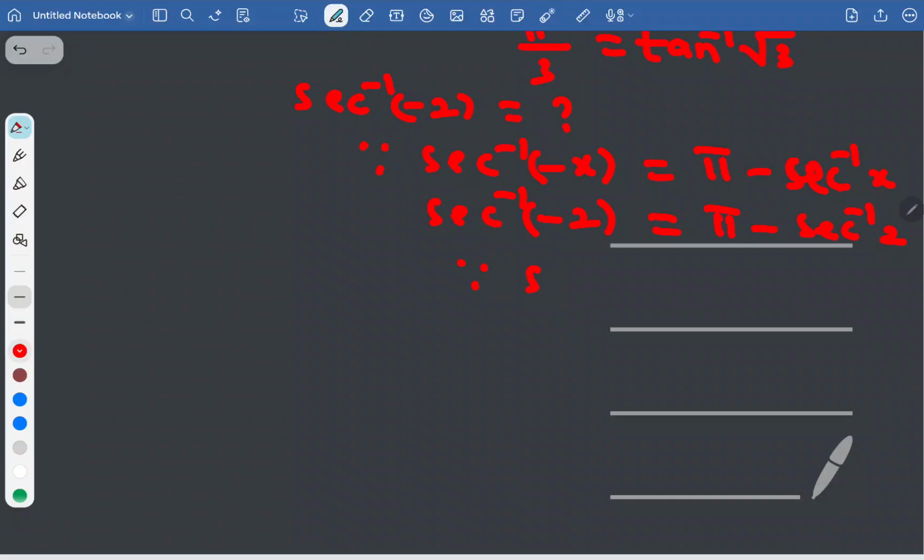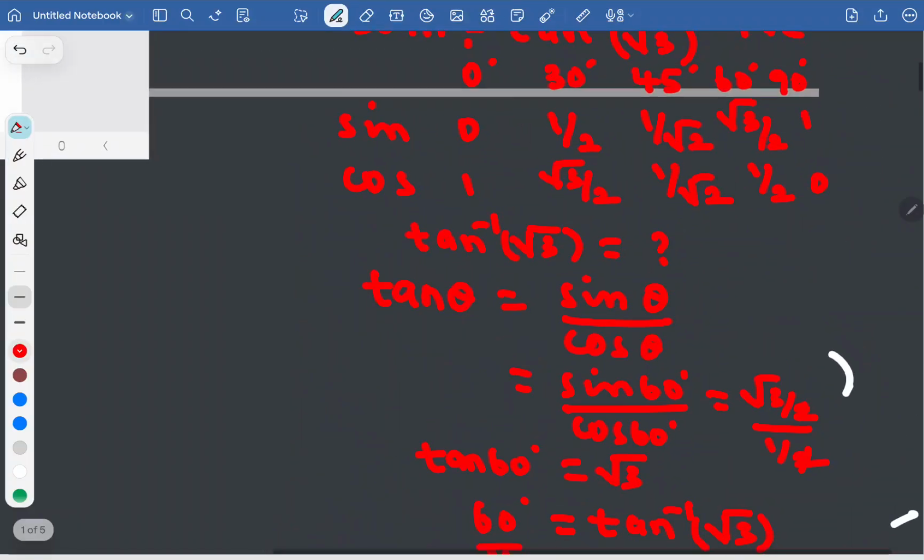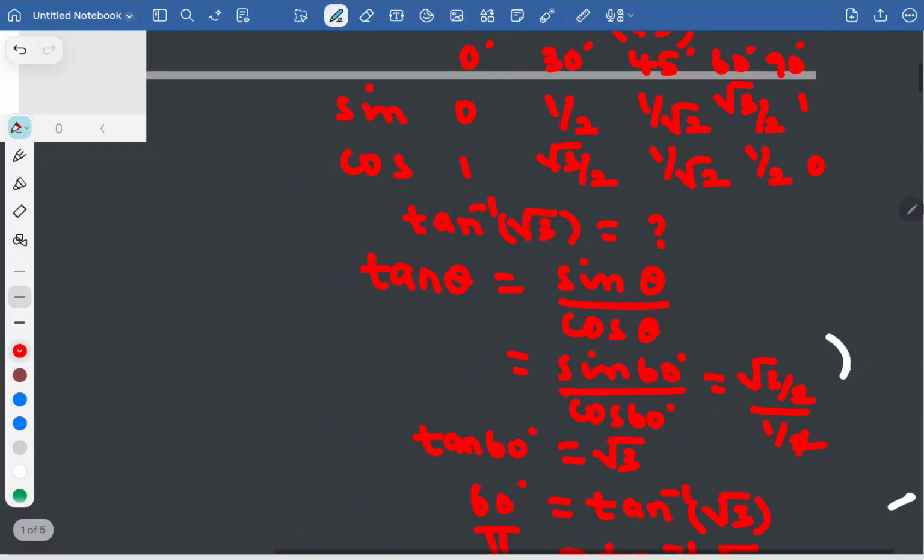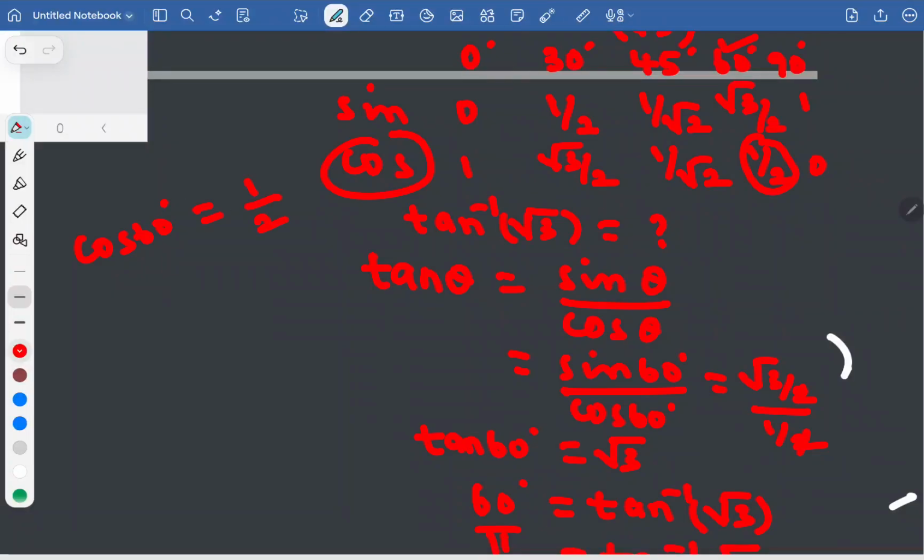Also, what is secant theta? It is 1 by cos theta. Again, from the trigonometry table, cos 60 is 1 by 2.